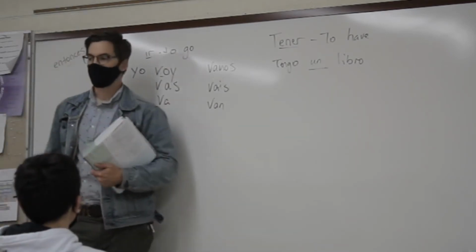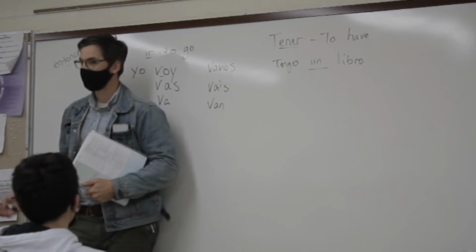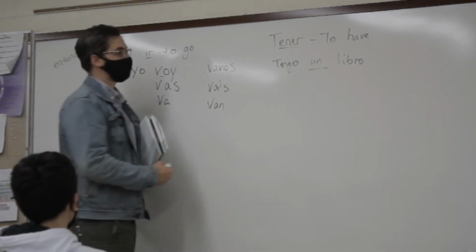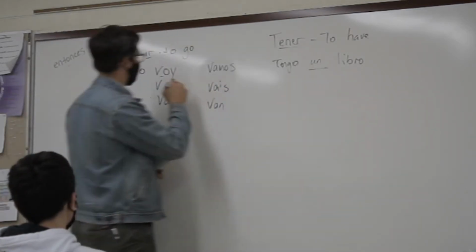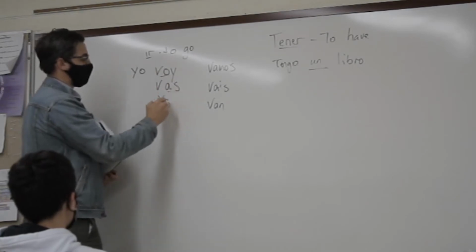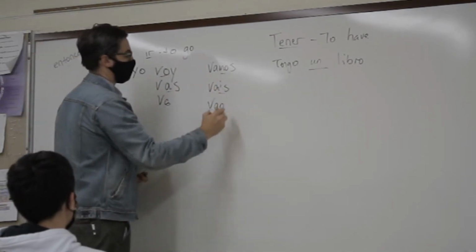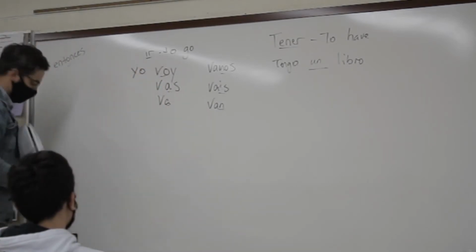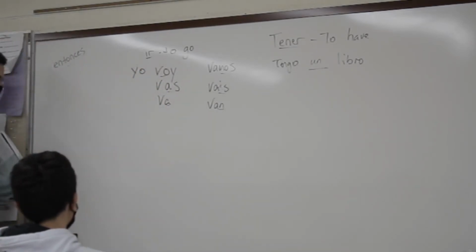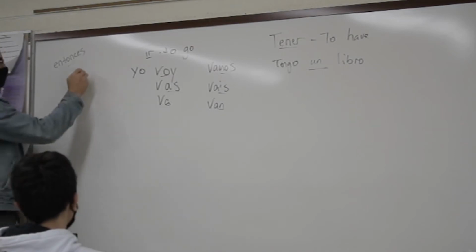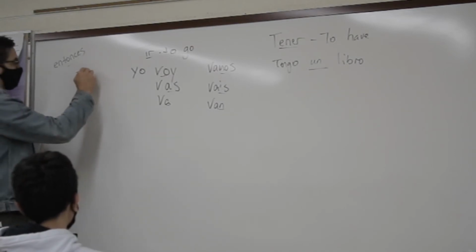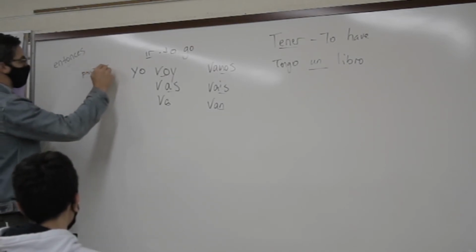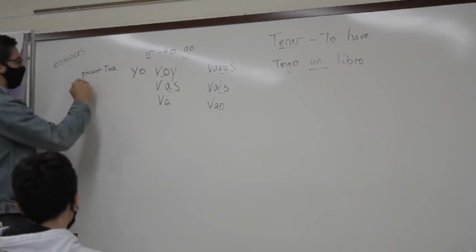If I want to say something in the future, that's not these endings, right? O, as, a, amos, ais, an. Remember I said these endings and the regular AR endings, ER and IR, which are here, were present tense indicative.